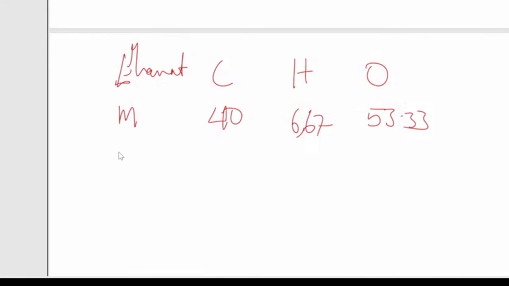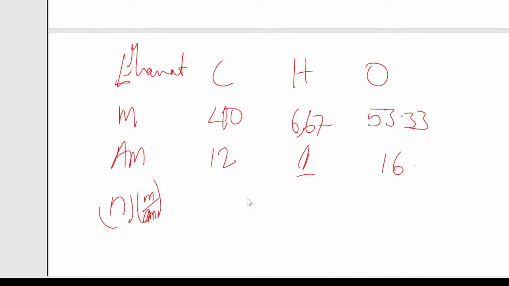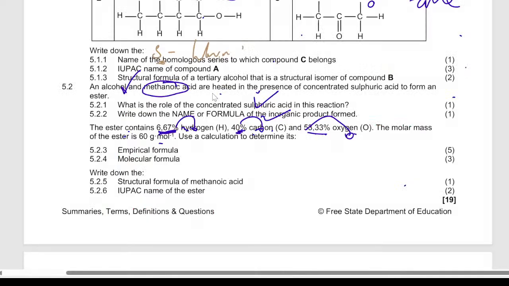Okay, so now I need the atomic masses. Atomic mass for carbon is 12, for hydrogen is 1, and for oxygen is 16. Therefore, to get the number of moles, I have to say mass over molar mass, or atomic mass because it's one atom. So it's going to be 40 out of 12. I don't need to convert it.